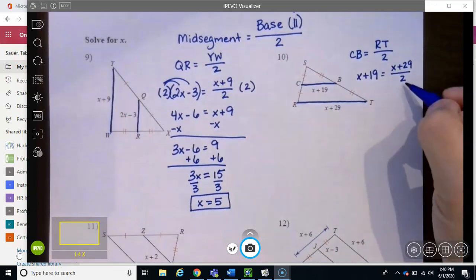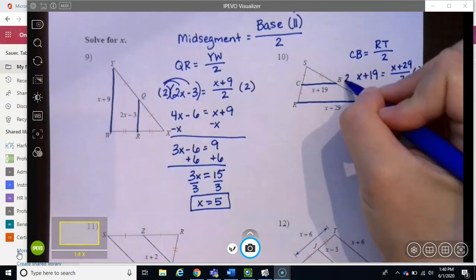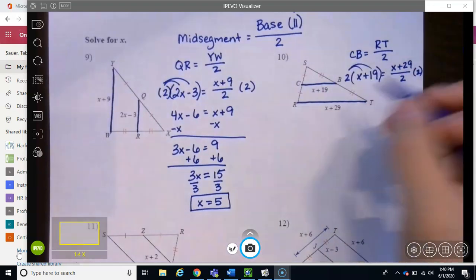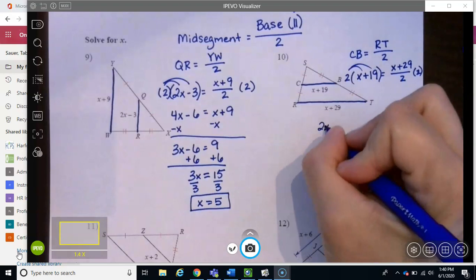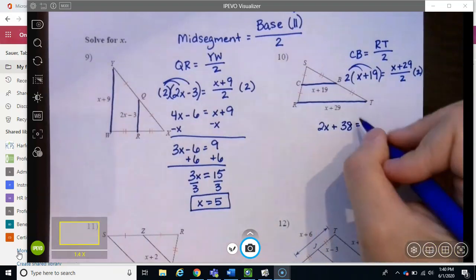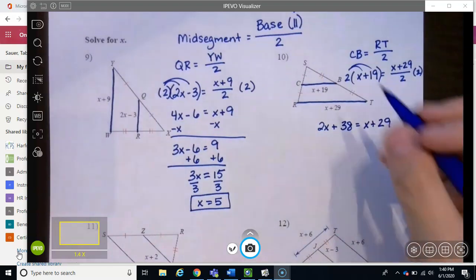So first things first, I want to get rid of the 2 in the denominator, so I'm going to multiply both sides by 2. Got to distribute it to both those terms there, so we're left with 2x plus 38 is equal to x plus 29. And then work on getting all your x's on one side.